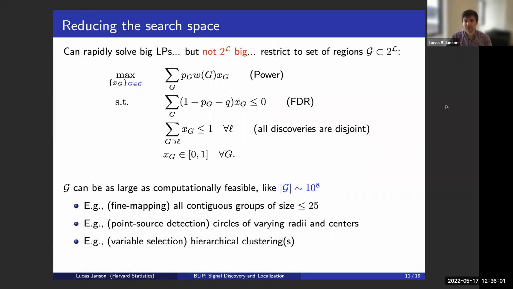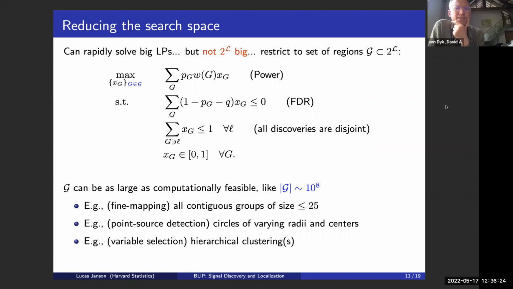And I believe we took a grid of centers and a grid of radii for the circles that we considered as candidate regions. But then we added to that all the centers that corresponded to the maximum a posteriori locations spat out by the Bayesian algorithm. So we can even look at the data in determining what set of G we want to use here. Yeah, that's totally.